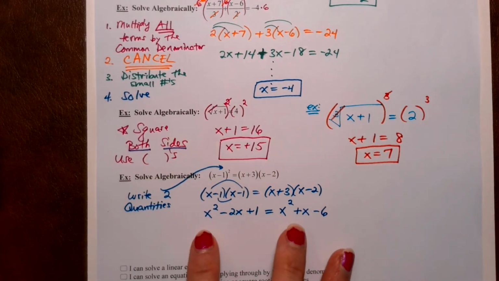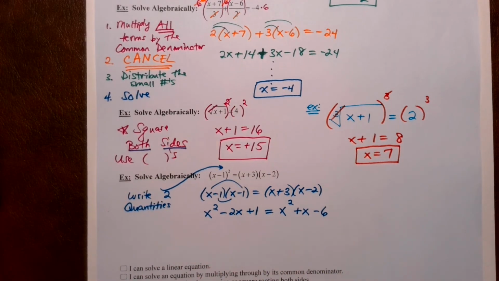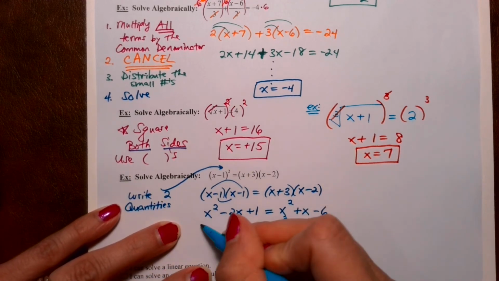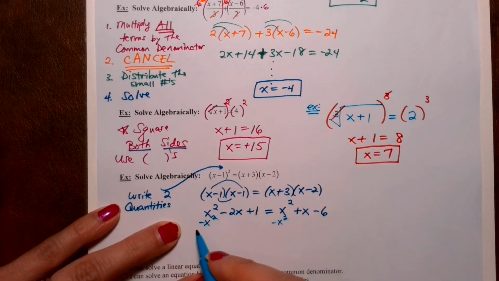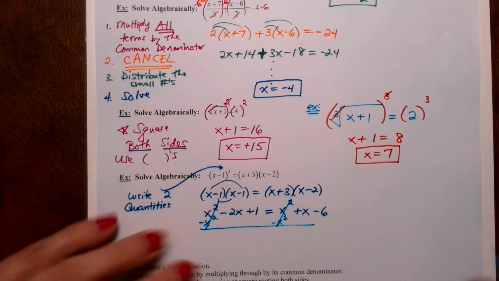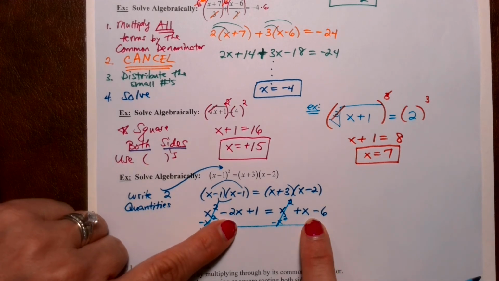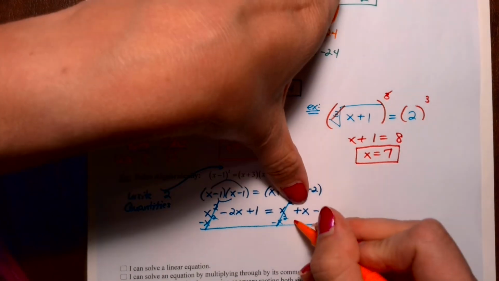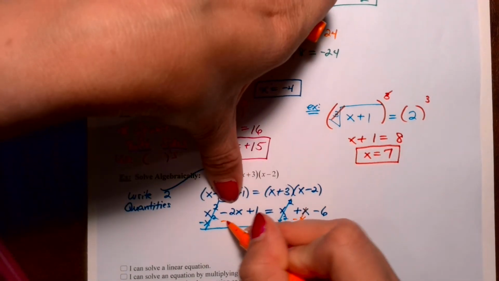So I'm thinking we're going to get a quadratic. Let's go ahead and combine like terms. Let's subtract x squared from the right and from the left. Oh, look what's happening there. They're both canceling out. It's not a quadratic, it's just a linear. I'm going to combine my x's on the left, subtract x, subtract x.